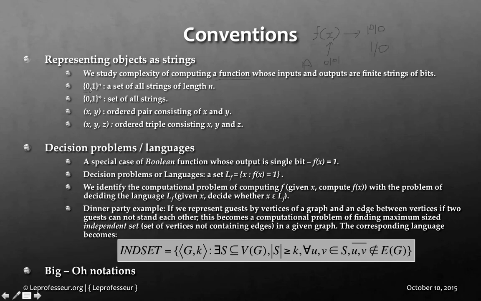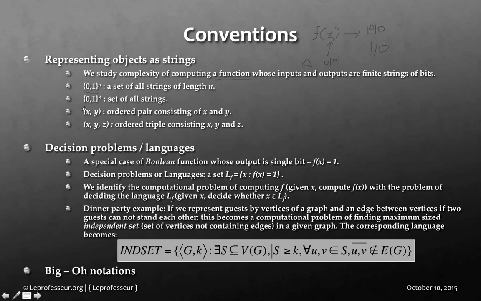Now {0,1}^n, when we write this way, means the set of all strings of length n. And if we write {0,1}* with an asterisk, it means the set of all strings.